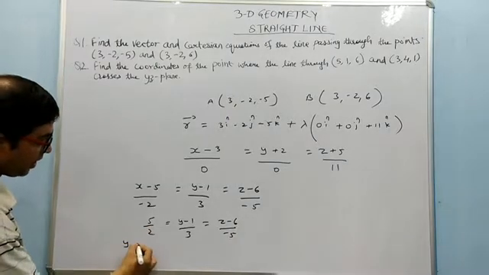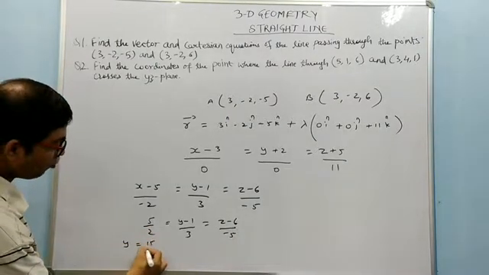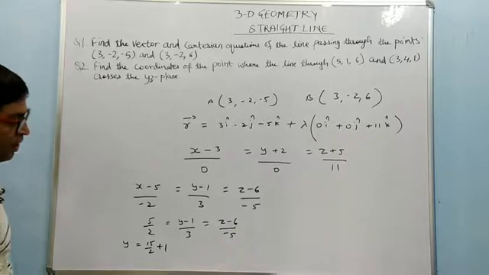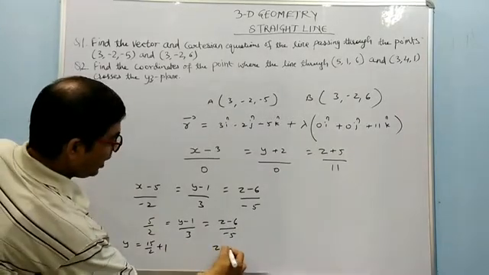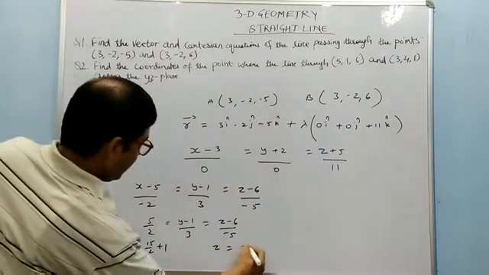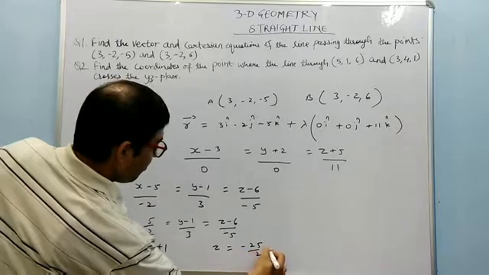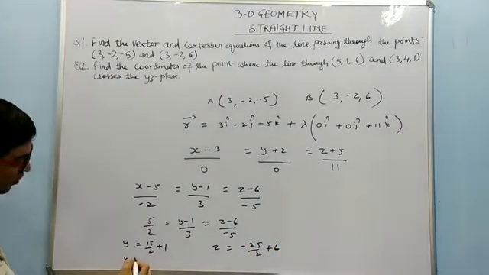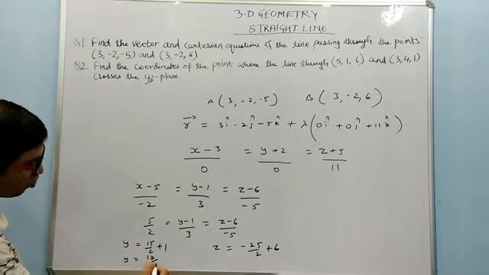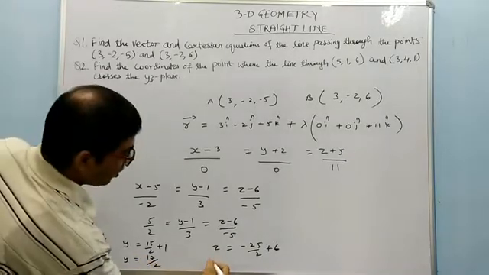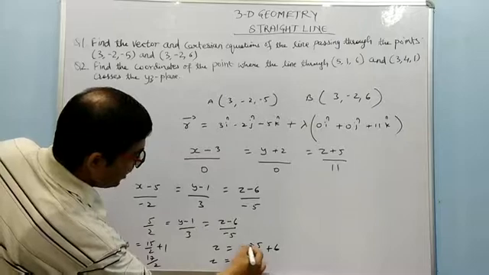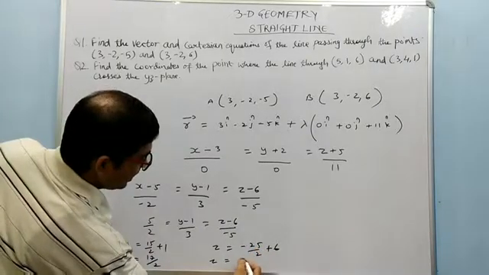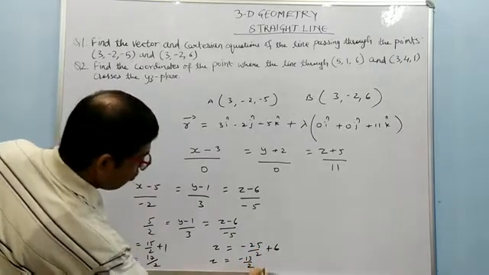So y is coming out to be 15 by 2 plus 1 and z is coming out to be minus 25 by 2 plus 6. So y is what? You will see 17 by 2, and z is what? You will see minus 25 plus 12, that is minus 13 by 2.